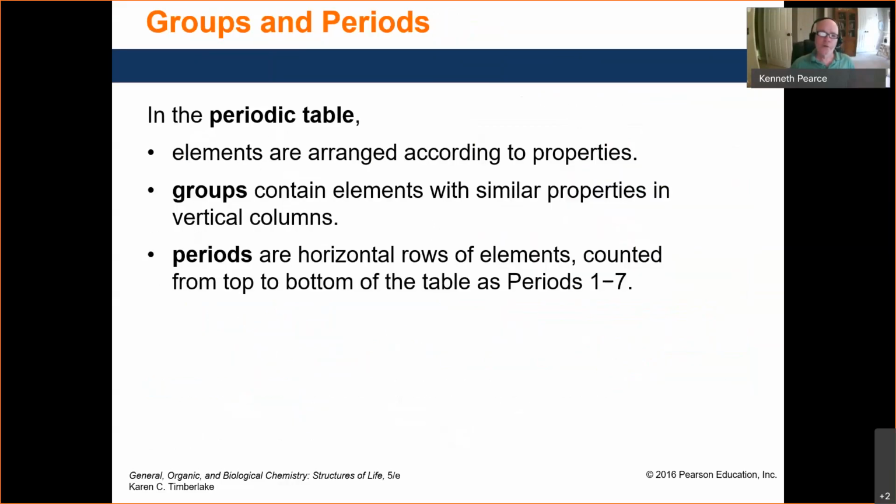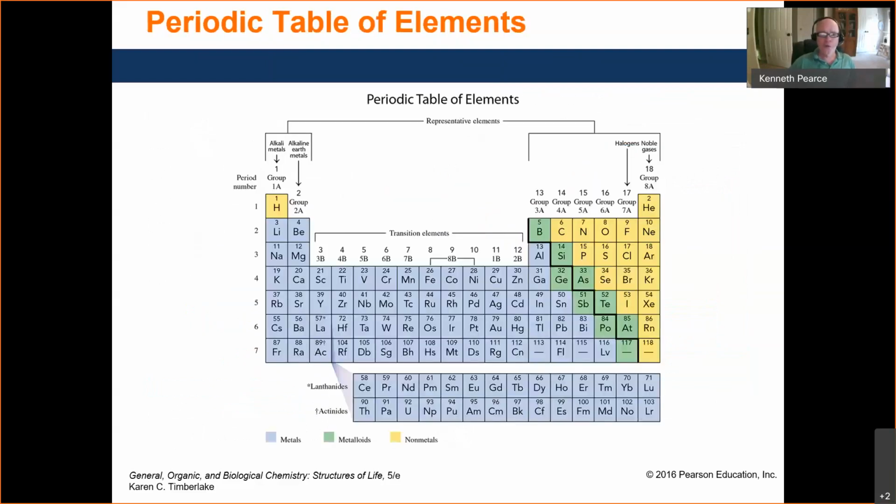Okay, so the periodic table is organized into groups, and that's the up and downs, and we have periods, that's the rows. And so every one of these columns is a group. That's a group. Here's a group. All right. And the period is right here.